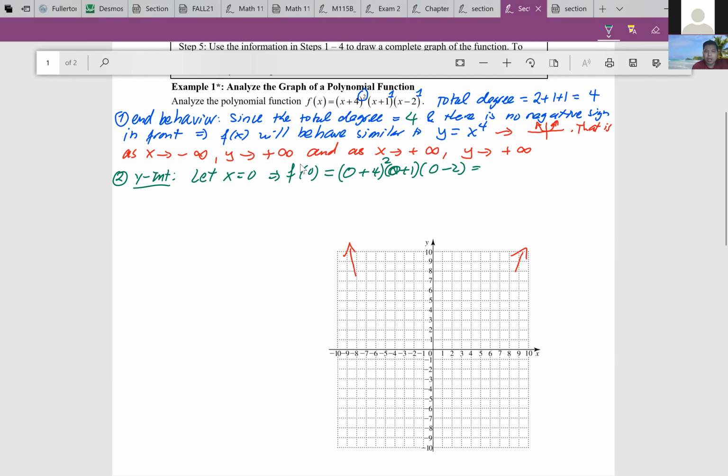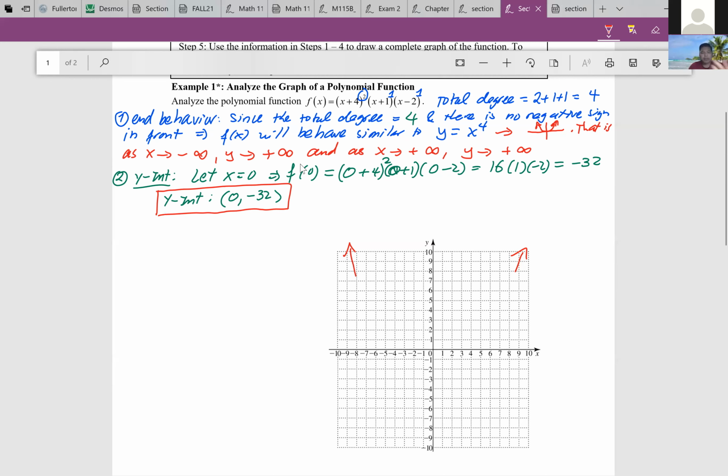All right, so we get 16 times 1 times minus 2, which is negative 32. So my y-intercept will be (0, negative 32). So we know it will have to cross the y-axis at (0, negative 32). All right, that's step number 2.